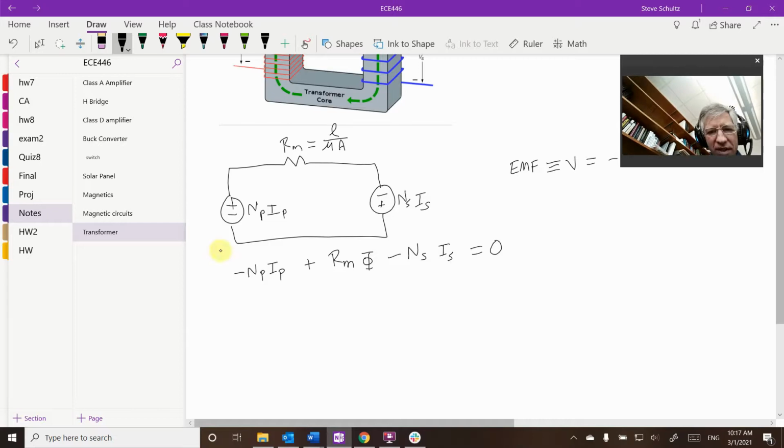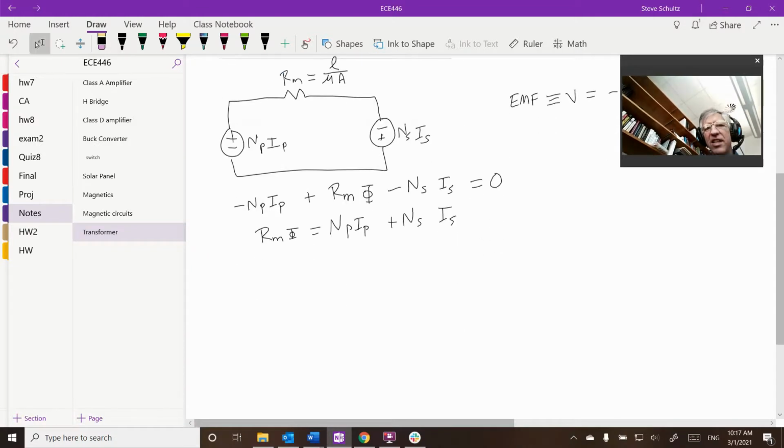We see that my reluctance times my flux is equal to N primary times I primary plus N secondary times I secondary. Typically, if this is a good transformer, we want really high inductance, which means really high reluctance.